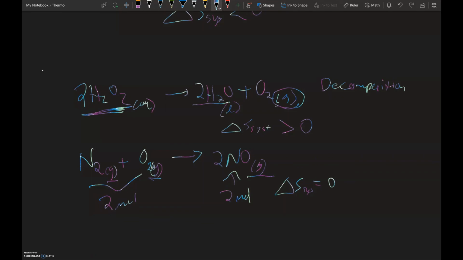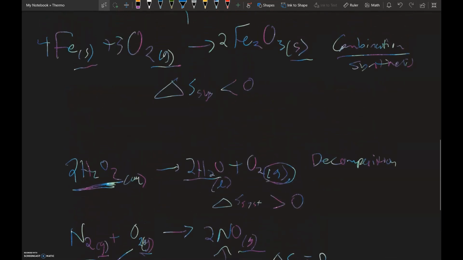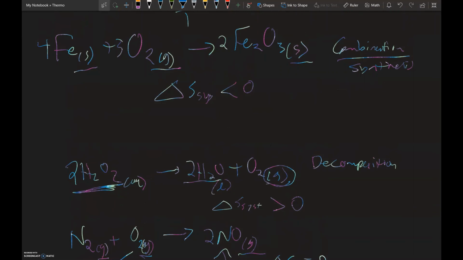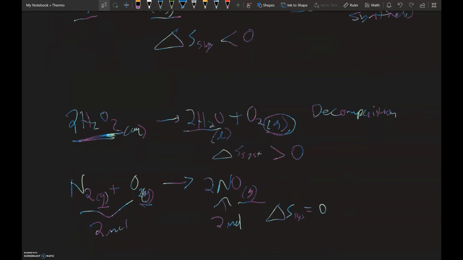So we're going to have to focus on a few things. The recap of this is we have to pay attention to the type of reaction that we're working with. This one is a combination reaction, and the entropy of the system decreases because of how we observe the number of moles plus the physical states. The second reaction, we looked at the type of reaction, which was decomposition. Decomposition means it's breaking down, and we can see that in the products here.